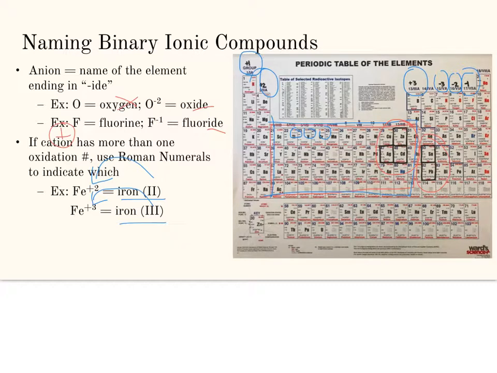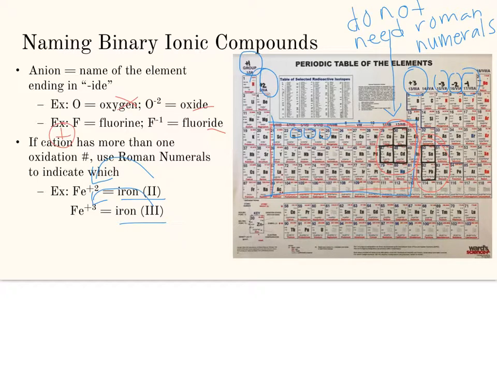So for the middle section, the zinc, the cadmium, and the silver, these elements here only have 1 oxidation number, so they do not need Roman numerals. Okay, so all of the elements in that transition or that middle section of the periodic table should have Roman numerals except zinc, cadmium, and silver.